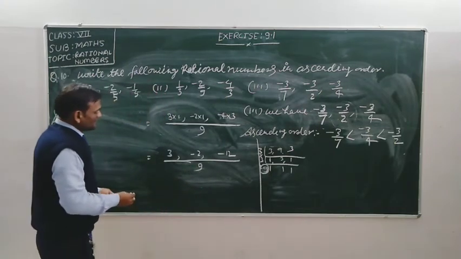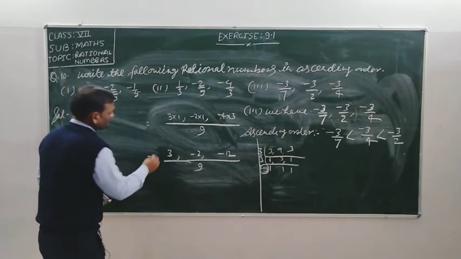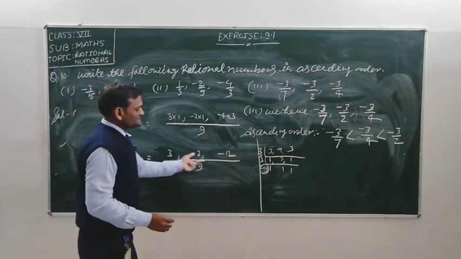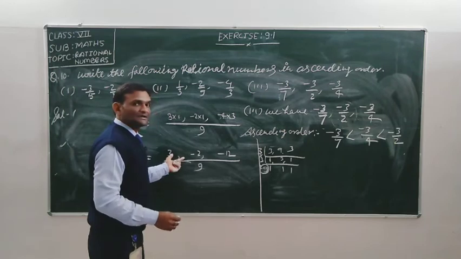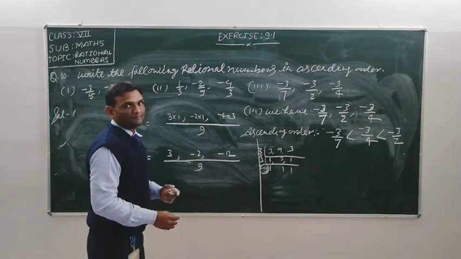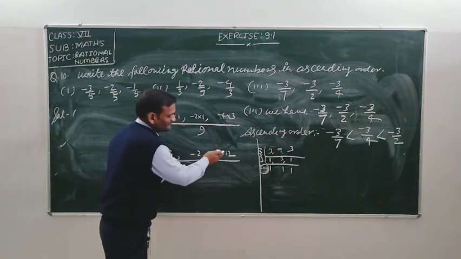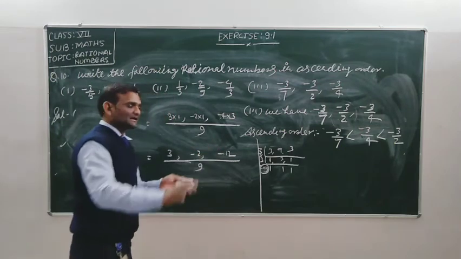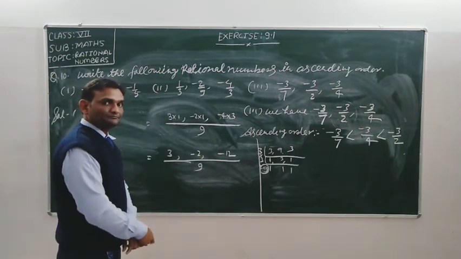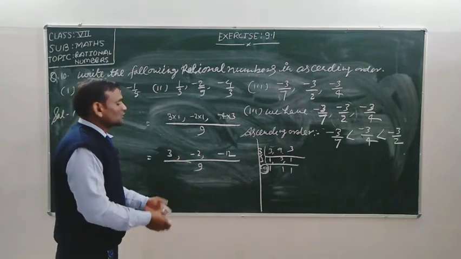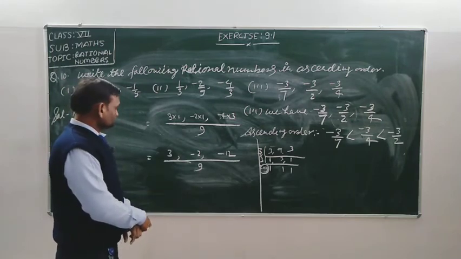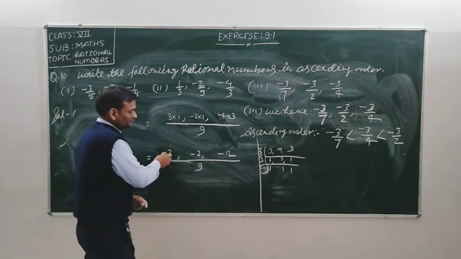So student, firstly tell me in these numbers which is greater and which is smaller. If you need to write these rational numbers in ascending order, then you will write, which is the smallest? This is positive.